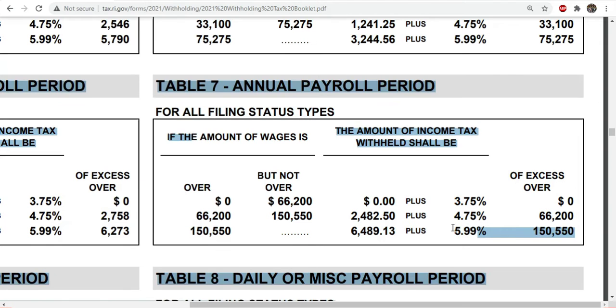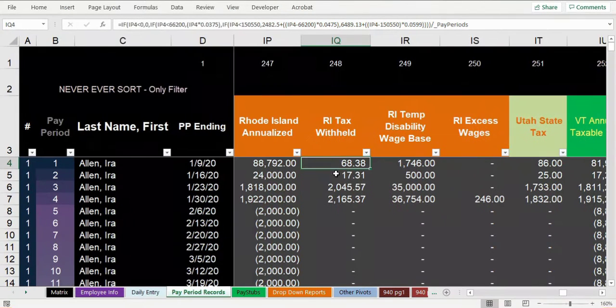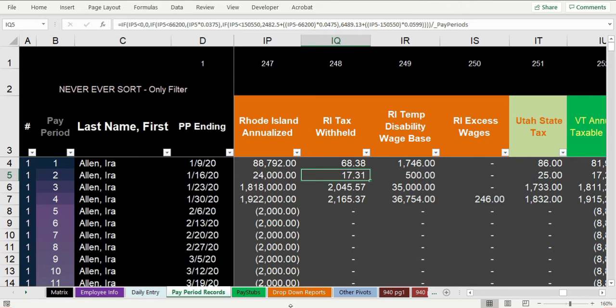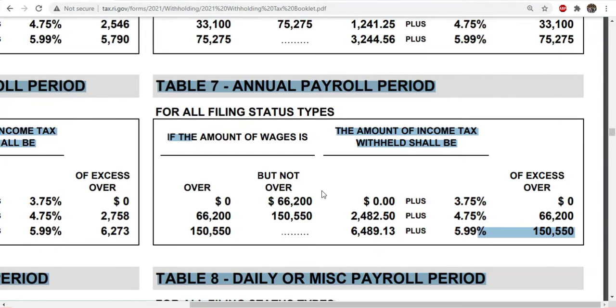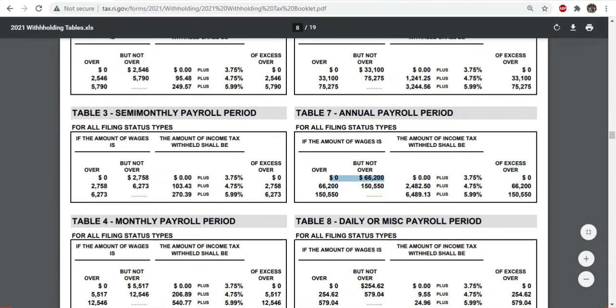So just to put this formula into a cell, that's what I did right here. It's just an IF formula, a bunch of IFs. If the wages are less than this, do this. It's pretty easy. It's interesting that the rate just really goes from 0 to 66,000. Like apparently you aren't a human being if you aren't making at least $66,000 a year in Rhode Island. So that's the rate there.